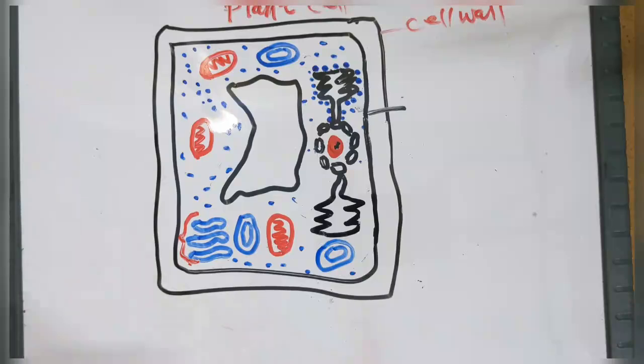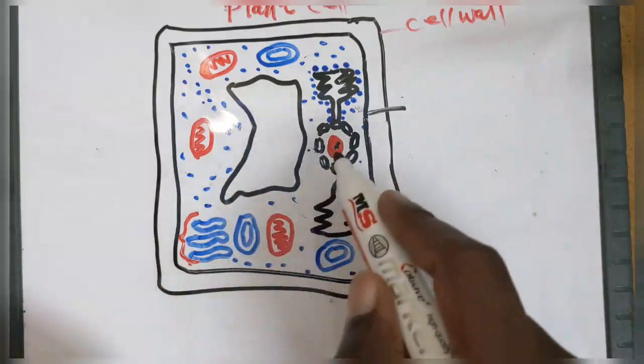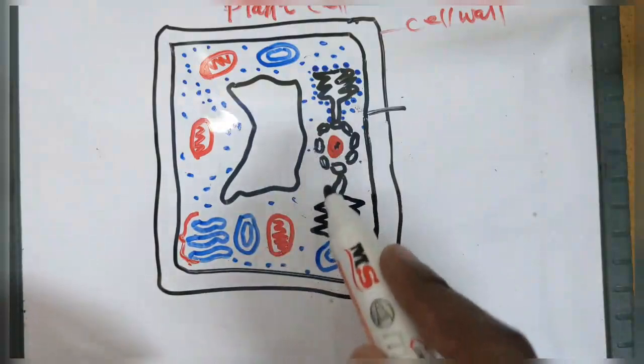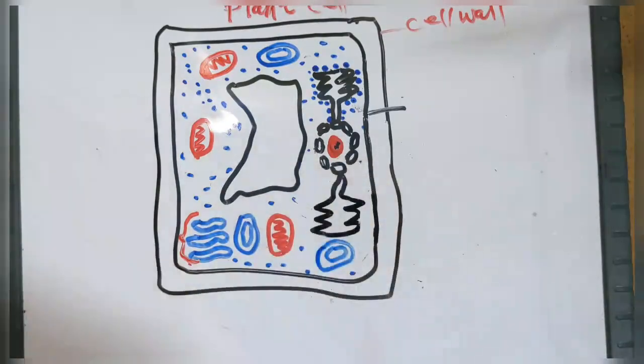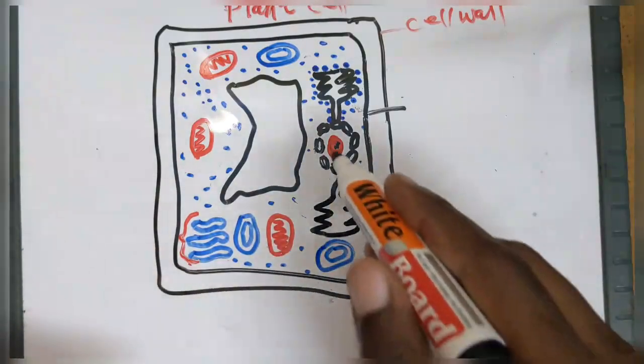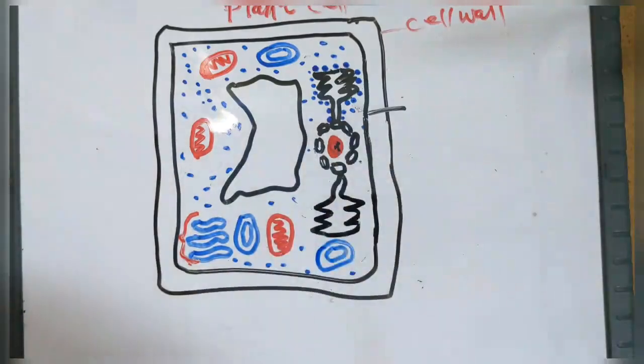Okay, so the other thing is that the nucleus stores genetic information on the threads of DNA. Those threads of DNA are called chromosomes.